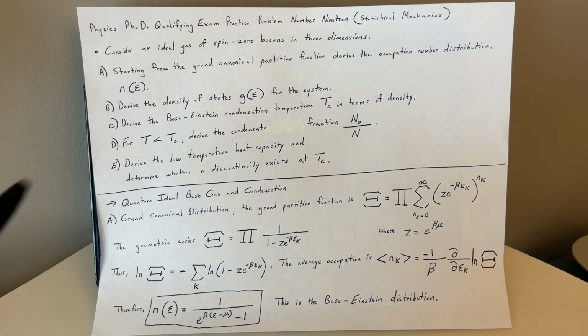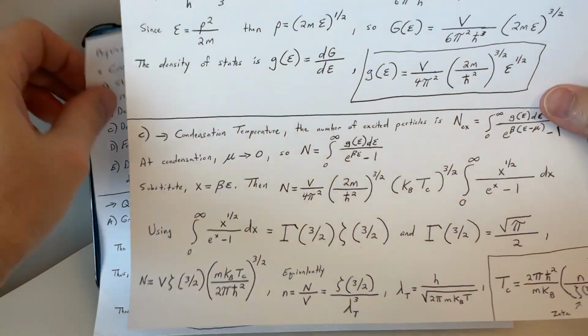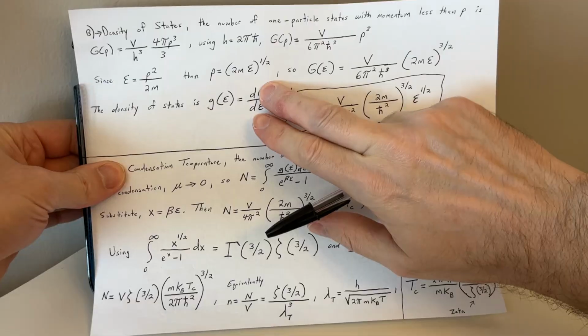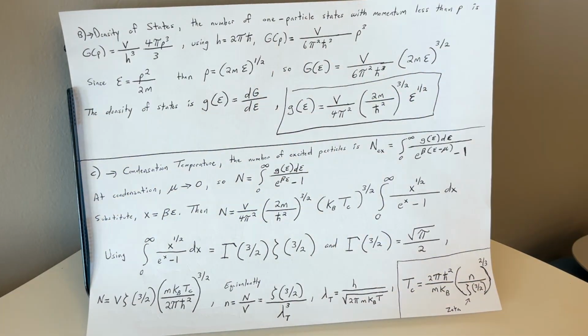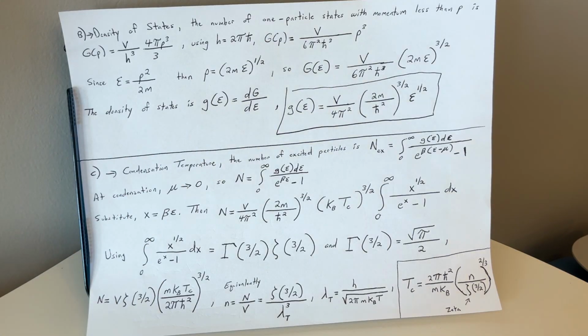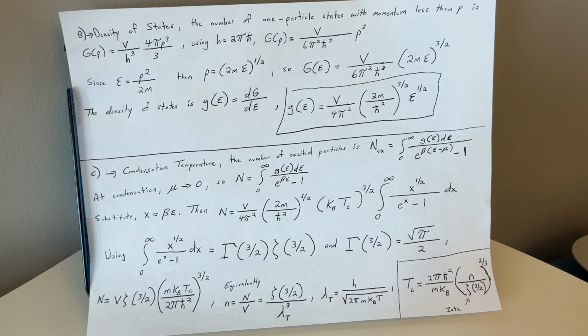Okay, for letter B, they want us to derive the density of states, g of epsilon, for the system. So for density of states, the number of one particle states with momentum less than p is G of p equals V over h cubed, 4 pi p cubed over 3.